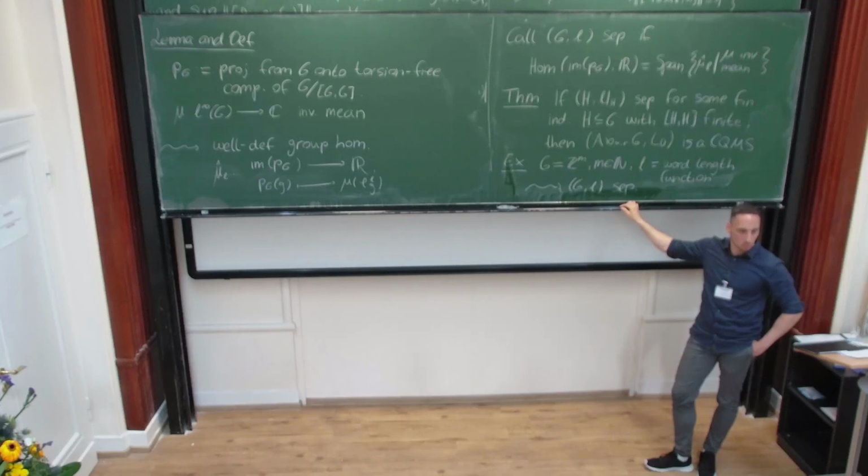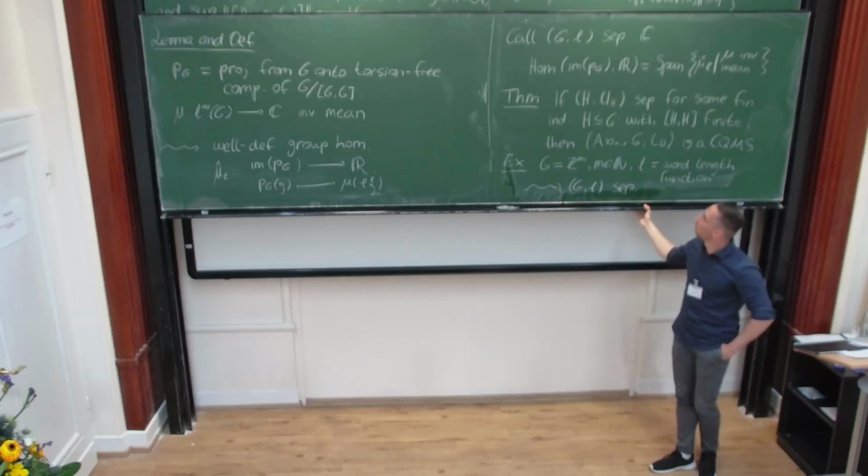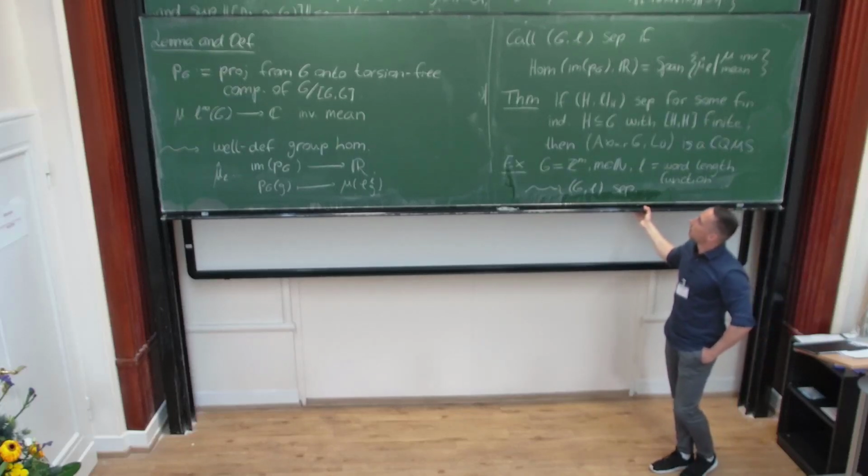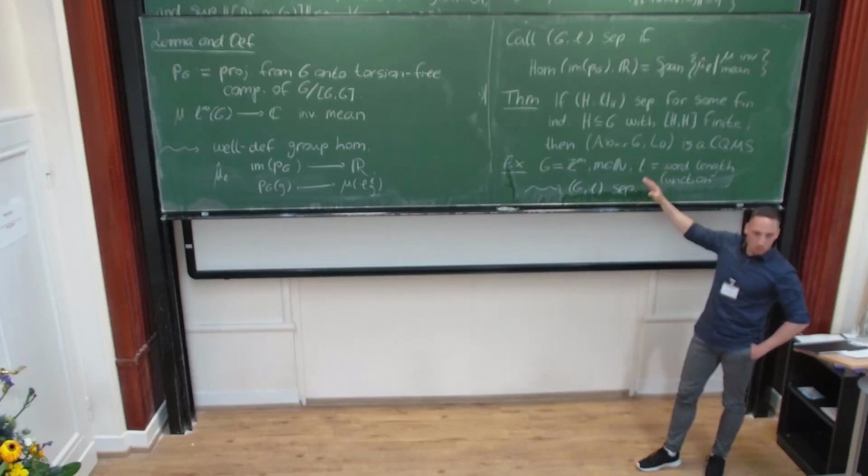If you know that this is a spectral metric space, would there be some way of concluding that this automatically holds for cross products as well? Because it seems like the condition in your theorem is only on the group and the length function. It's nothing about A.